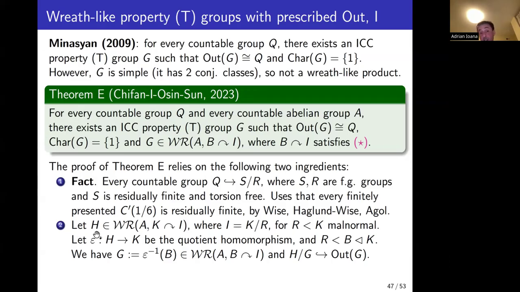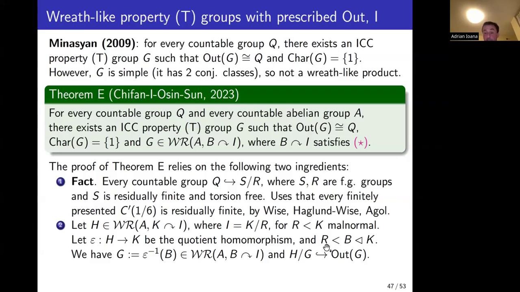So you start with a group H, which is a Wreath-like product of A with an action of K on I. And here the set I is a coset space K mod R, where R is a malnormal subgroup of K. So this means that any different conjugates of R in K intersect trivially. And now, because H is a Wreath-like product of A and K acting on I, there's a quotient homomorphism from H to K. So let me denote that by epsilon.